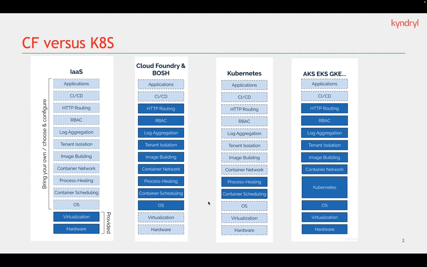Cloud Foundry has an opinionated approach to how all these things happen. So effectively, you're just bringing your deployment pipelines, CI/CD pipelines, and the application source itself to the platform, and much of those in-between layers are handled for you. And you have something called BOSH, which is really a lifecycle manager, deployment automation tooling for the Cloud Foundry platform itself.